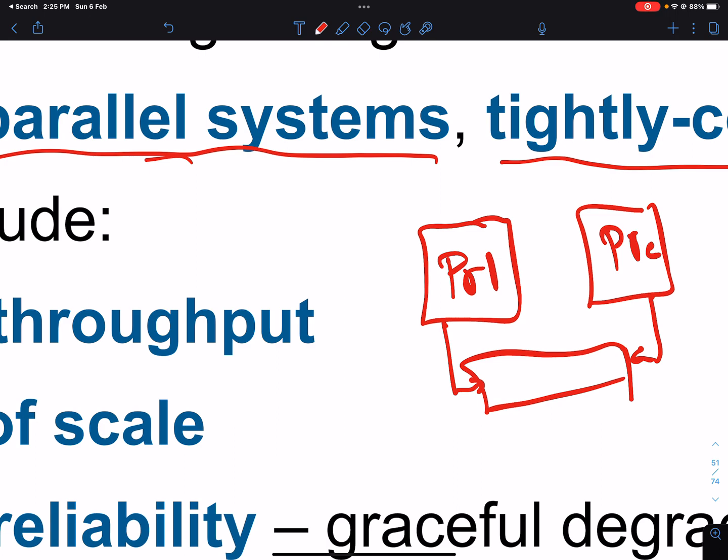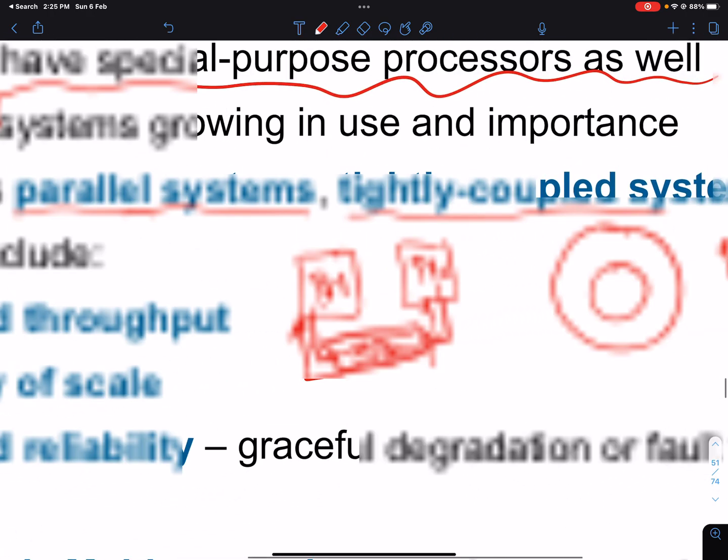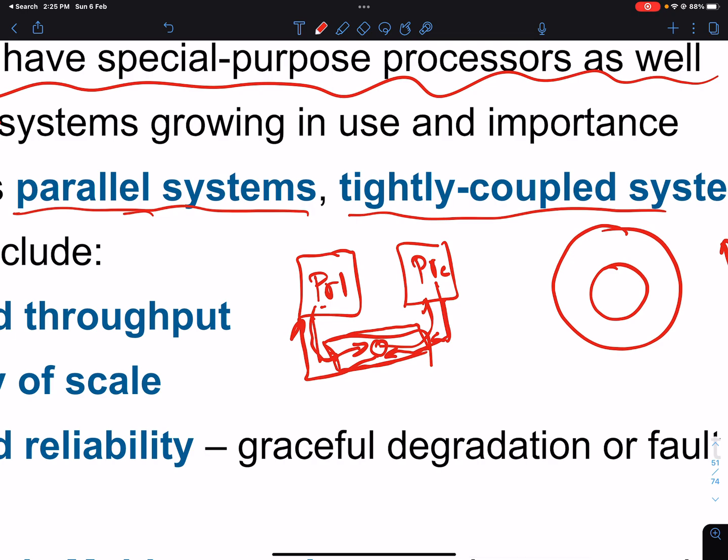And when the processors have shared memory this way, they can talk together through this memory. So processor 1 can write something, processor 2 can read it from here. And then processor 2 can respond and write something here, and processor 1 can read it from here. See? Tightly coupled.